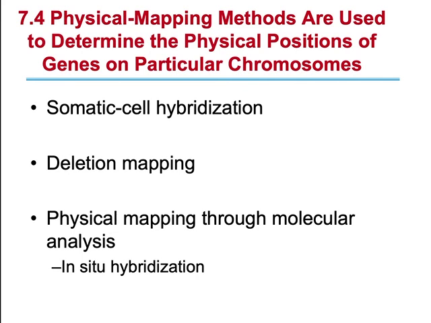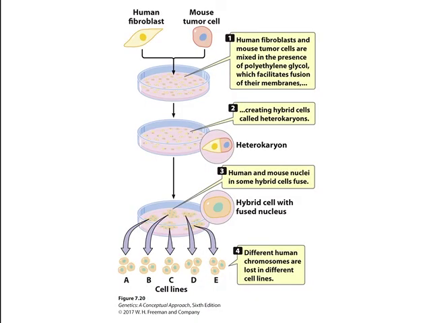Other techniques that we can use to determine distance between genes include somatic cell hybridization, deletion mapping, and physical mapping using molecular analysis, where we actually look at the chromosomes physically. Okay? So, in somatic cell hybridization, we have the fusion of different types of cells. Most mature somatic cells can undergo only a limited number of divisions and can't be grown continuously, but cells that have been altered by virus or derived from tumors have lost those constraints and will divide indefinitely.